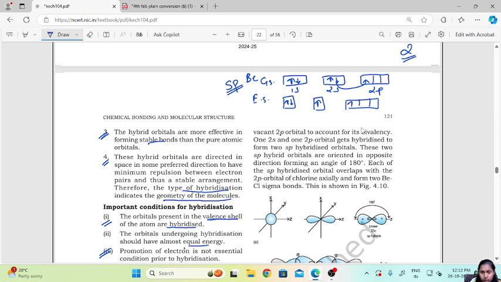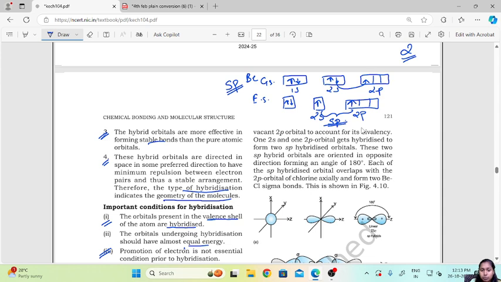So it will be like this. Here you can see 2s and 2p, one unpaired electron in the s orbital and one unpaired electron in the p orbital. So this will give rise to sp hybrid orbitals. One s and one p orbital get hybridized to form sp hybridized orbitals. This is called hybridization.